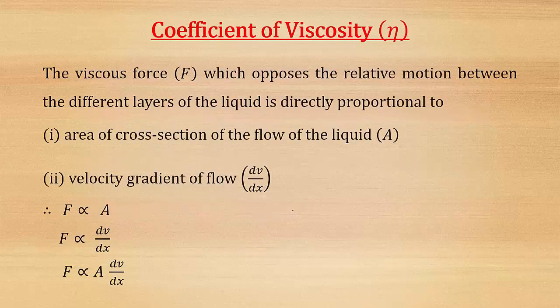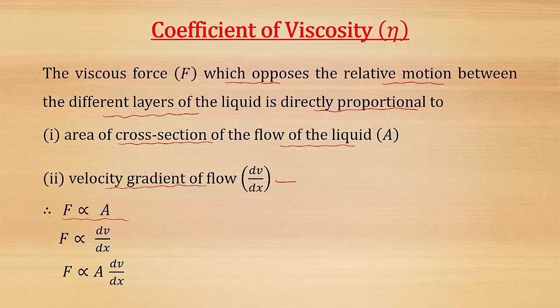Then what is coefficient of viscosity? The viscous force opposes relative motion between different layers of the liquid. This viscous force is directly proportional to two terms. The first one is the area of cross section of the flow of liquid. The second one is the velocity gradient of flow, that is dv by dx.